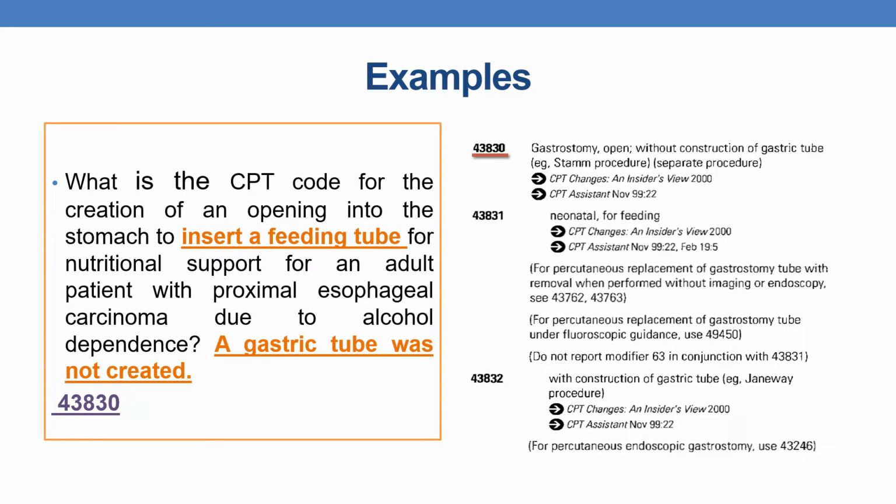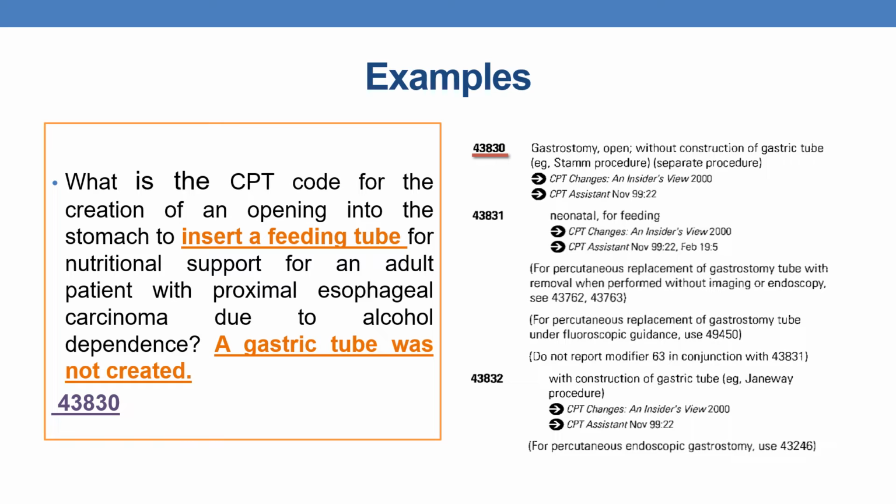Now let us take some random examples from various topics and discuss those particular CPTs. First of all, coming to the first example: what is the CPT code for the creation of an opening into a stomach to insert a feeding tube for nutrition support for an adult patient with proximal esophageal carcinoma due to alcohol dependence, where a gastric tube was not created?